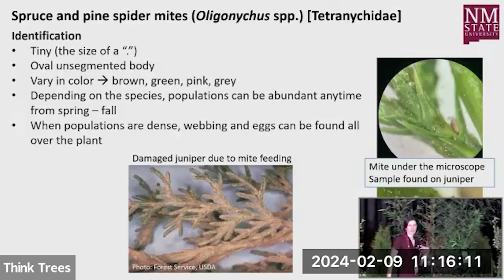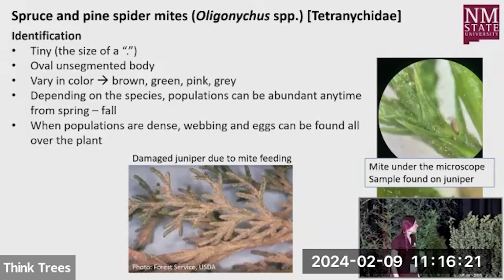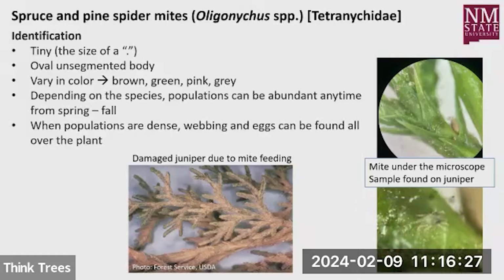I usually don't deal too much with them in winter, except for people that have certain urban issues like mites in their house, but that's not related to these particular ones that go after your pines. When populations are dense, you can also sometimes see webbing and eggs found all over the plant. It almost looks like a spider web on your plant. So that can be indicative of them, but you also can see this feeding damage here. You get discoloration and dieback from their feeding.